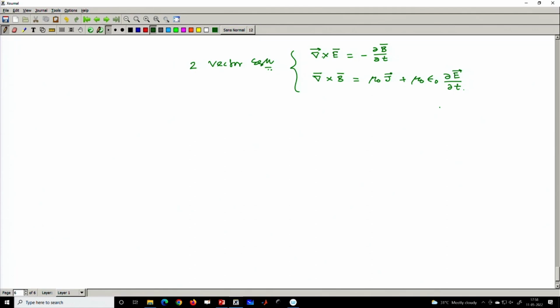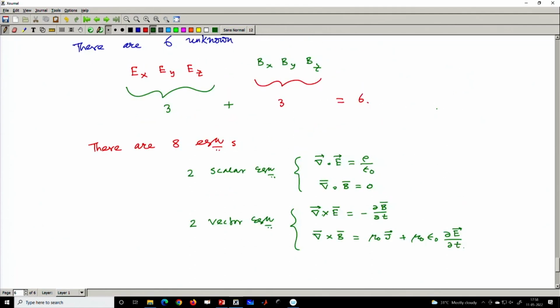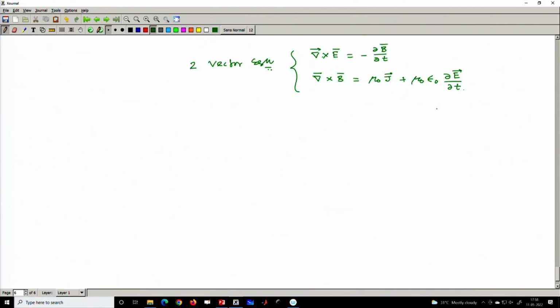So, now the question is 8 equations and 6 variables. That means there are some equations which are related to each other. So, there is a connection, you should note that. There is a connection between the 2 source terms here, rho and j, right.